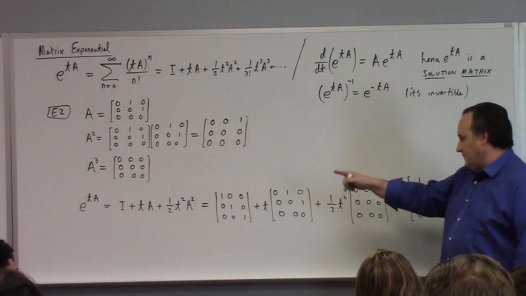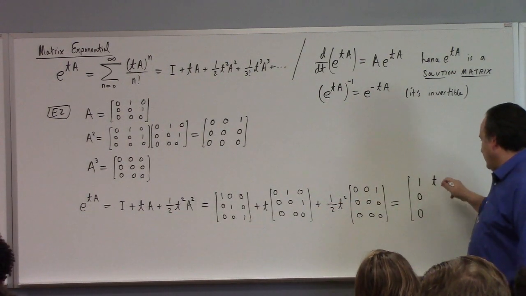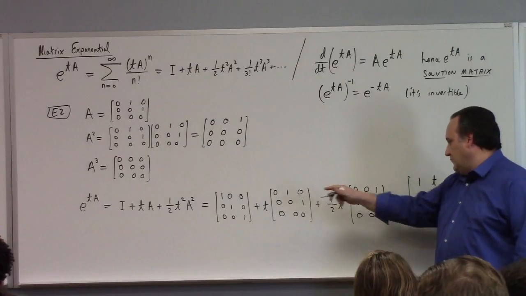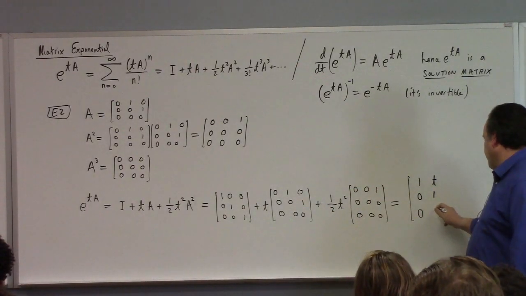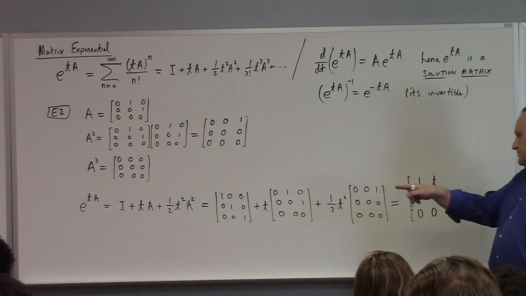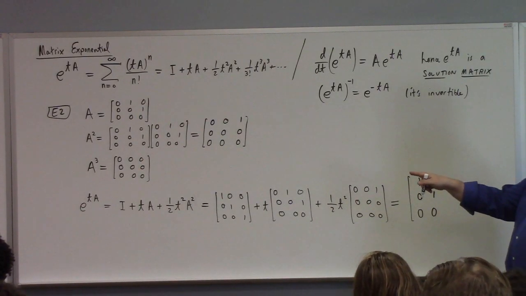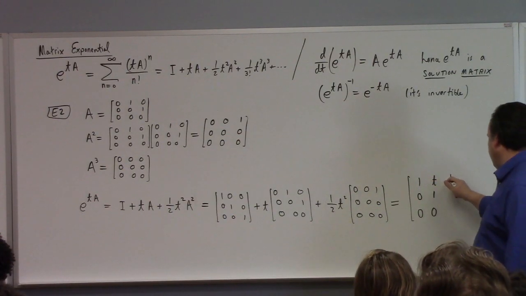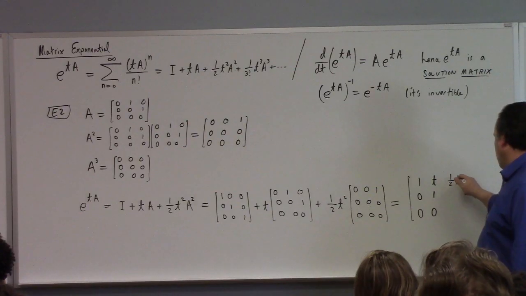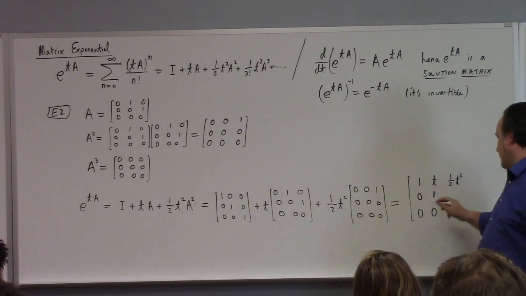So that gives me 1, 0, 0 for the first column. For the second column, I get a t up here. Then I get a 1 from the first matrix. And then I get nothing from over here. My third column, I get the 1/2 t squared from the last one. And then I get a t from my middle matrix.